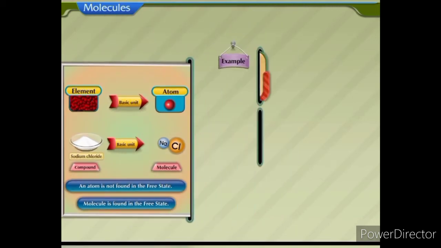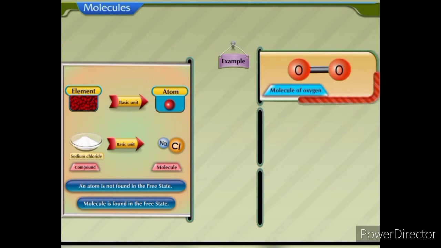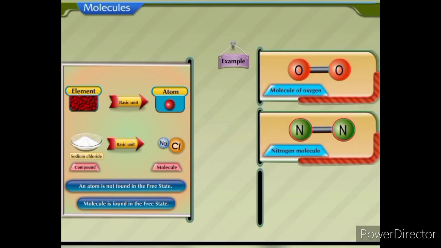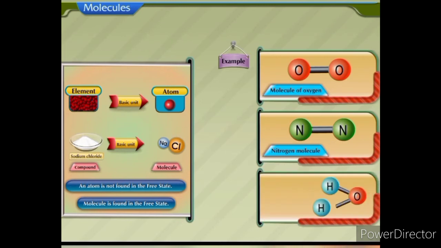For example, a molecule of oxygen is made up of two atoms of oxygen. Similarly, a nitrogen molecule is made up of two atoms of nitrogen. But a molecule of water is made up of two hydrogen atoms and one oxygen atom.